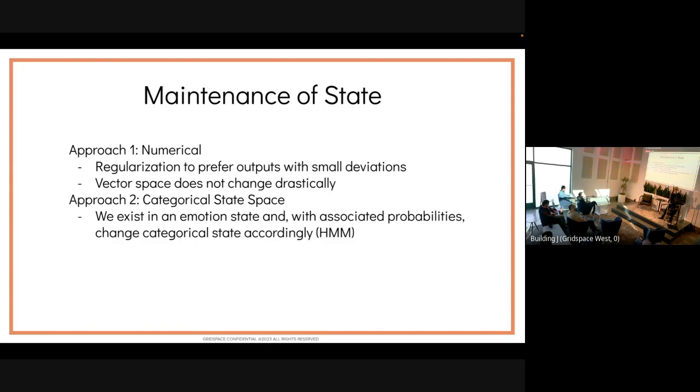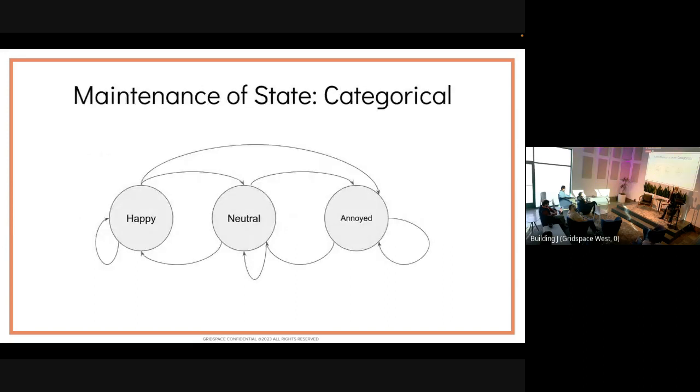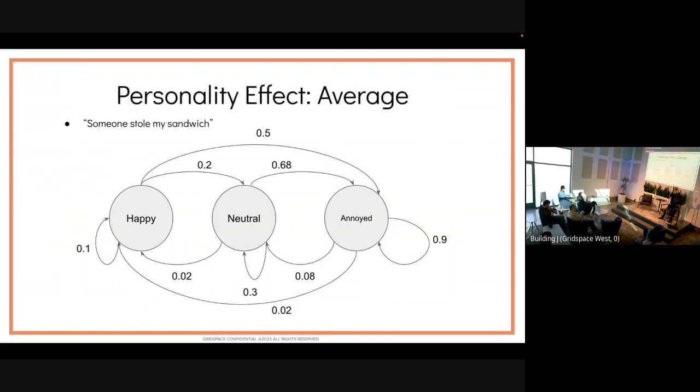And this lends itself to an idea of Markov chains. So just exploring this as an idea, if you were to maintain state categorically, let's say we only have 3 states. We've now reduced our emotions to 3 possible emotions: happy, neutral, and annoyed. And let's say someone stole your sandwich.